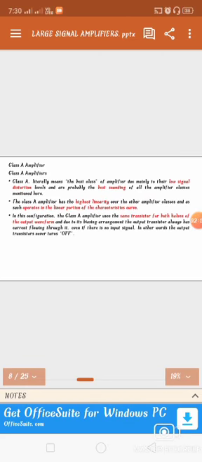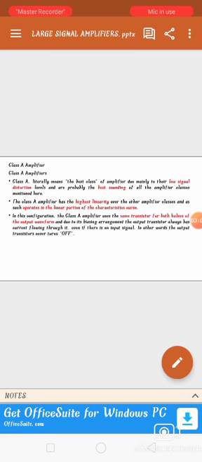First, we are going to see the Class A amplifier. Class A is the best class of amplifier, in which low signal distortion levels are there. The Class A amplifier has high linearity over the other amplifiers, and it operates in the linear portion of the characteristic curve.